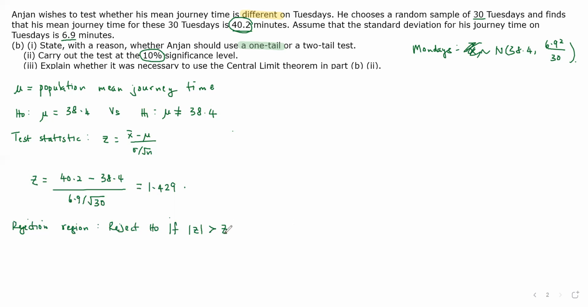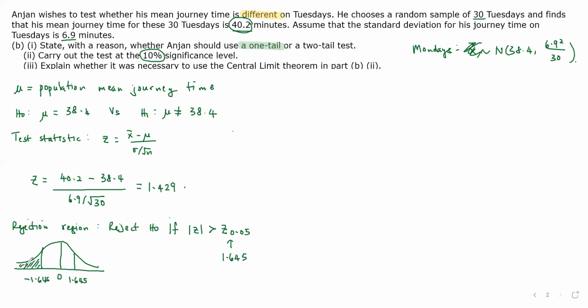Half of that is 5%, which is 0.05. And from the critical value, we have 1.645. You can get this from the standard normal table. So the rejection region that we have over here, this is 0, we have 1.645 and the negative of 1.645.